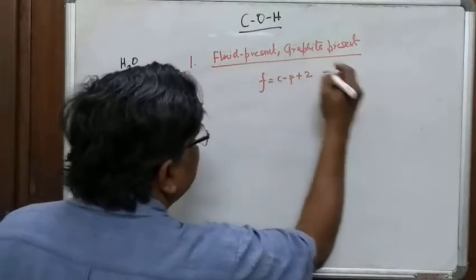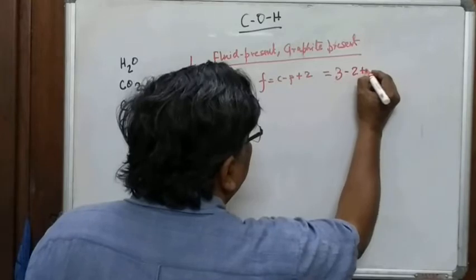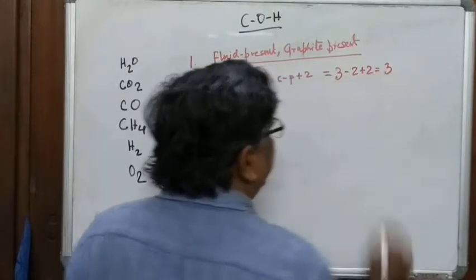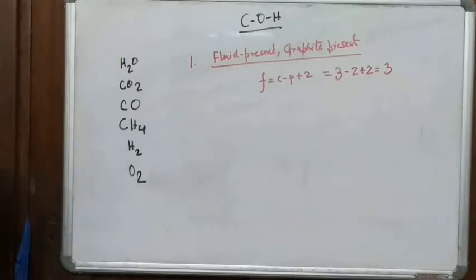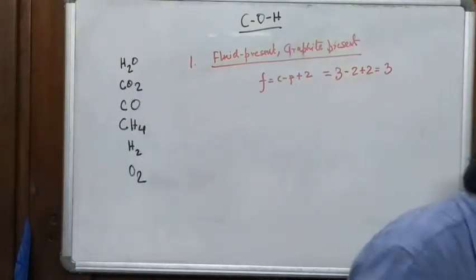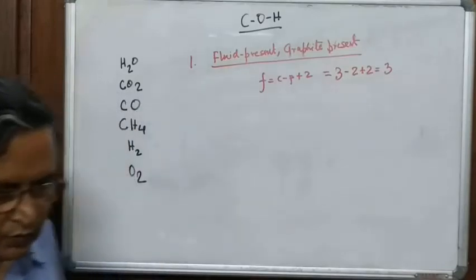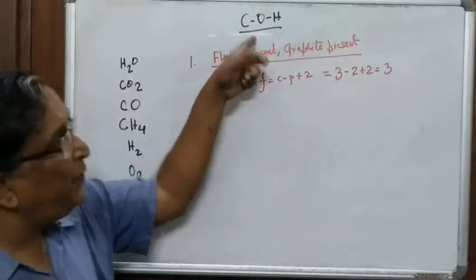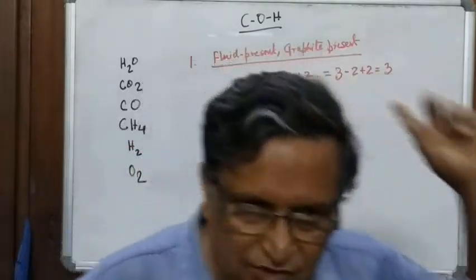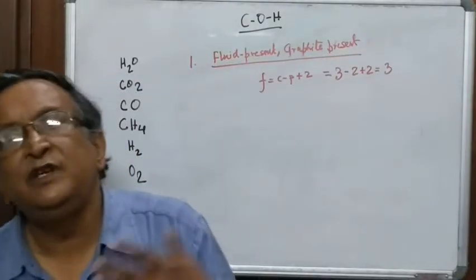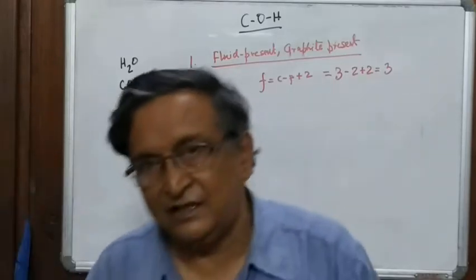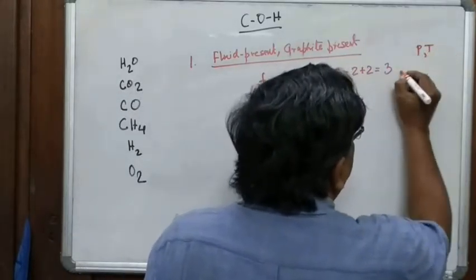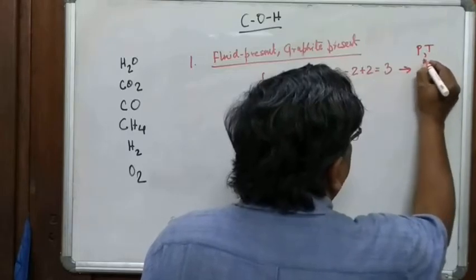Both are present as phases. 3 minus 2 plus 2 is equal to degree of freedom 3. Now, remember, when I started, I said this fluid is in equilibrium with the mineral assemblage. And normally for mineral assemblage, we know pressure, temperature at least. So if we know pressure, temperature, then the Gibbs phase rule says, what?